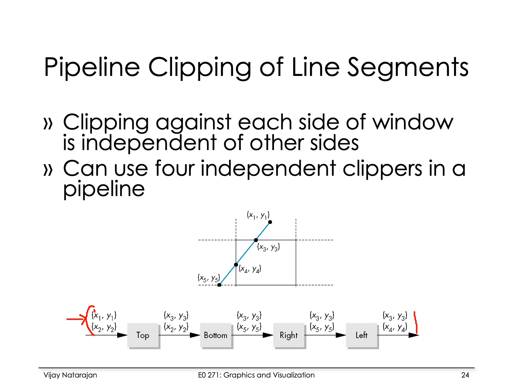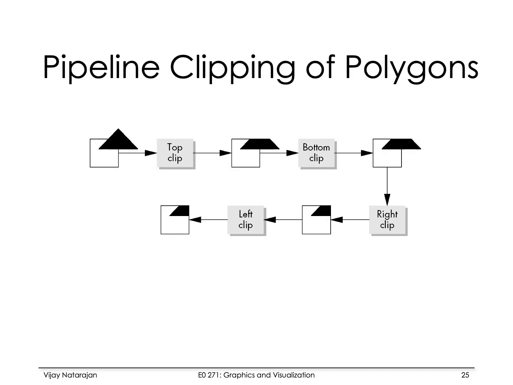So this idea works exactly as is for line segments and for polygons. So how does it work for polygons? You have a clip with respect to each of the 4 bounding lines.